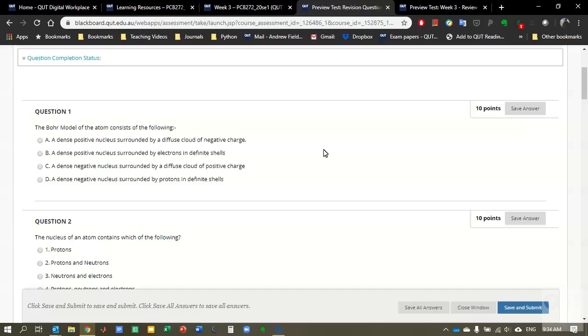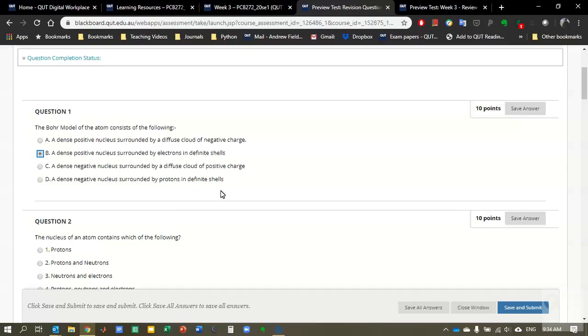So the first question is just testing that we understand the Bohr model of the atom. Okay, and this tells us that we have a positive nucleus surrounded by electrons in well-defined shells or energy levels.